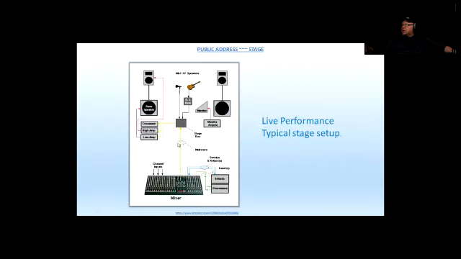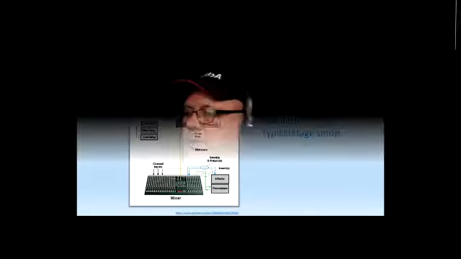We're going to have only one category cable, Cat5e or Cat6. And all the signals, all the channels, all the sends and returns are going to be processed by that one Cat5e cable.